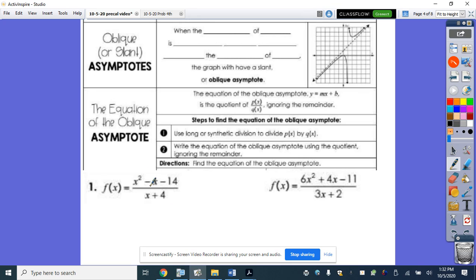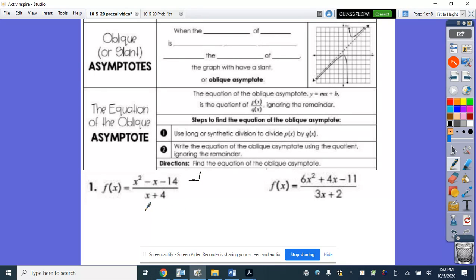So these two have to be a degree that are 1 apart. So this is a 2 and a 1. Those are 1 apart. If I do 2 minus 1, it's 1. So I need to divide these two. And since there's nothing in front of this x, I can use synthetic division. So I'm going to use synthetic division.